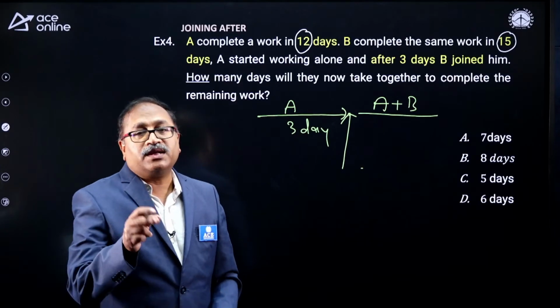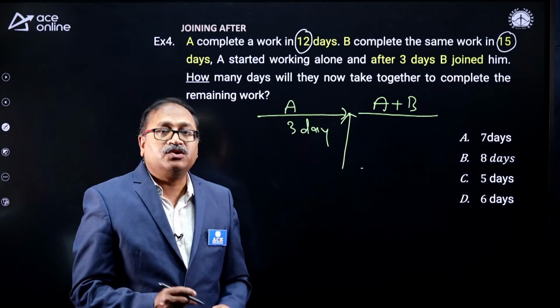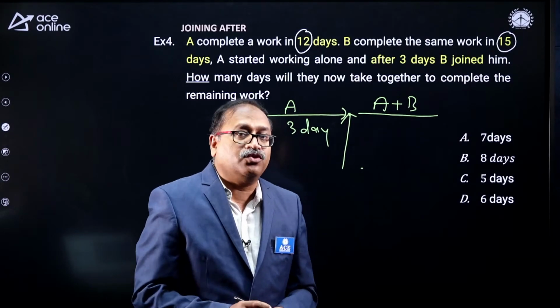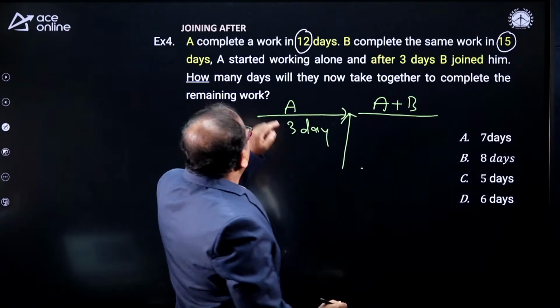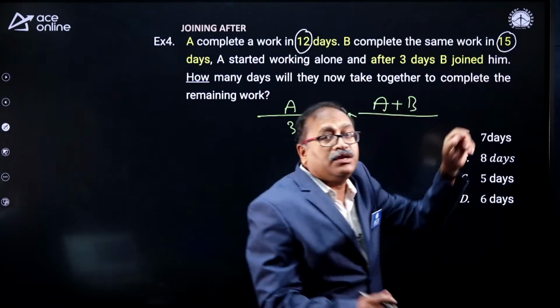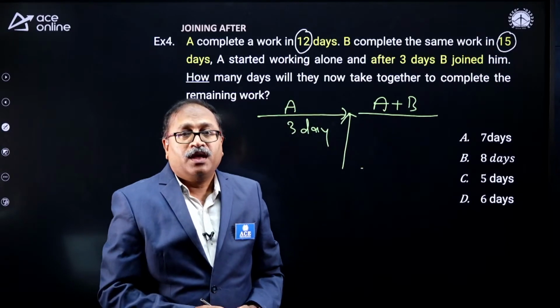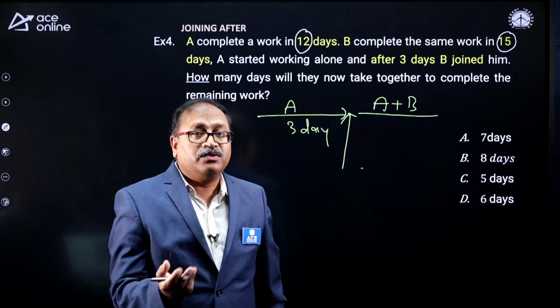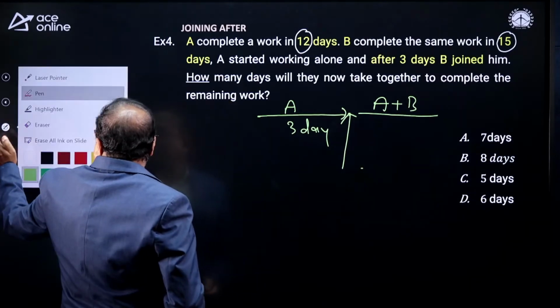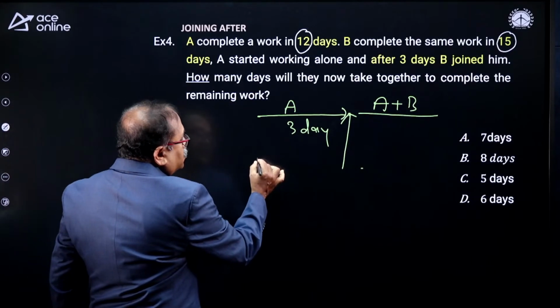Okay, once again I need to go with the LCM approach here to find out the total number of work in terms of units, and that will be the LCM of 12, as A can complete in 12 days, and 15, as B can complete in 15 days. And the LCM of 12 and 15 we all know is 60. So I am not calculating that part. So the total work over here is 60 units.